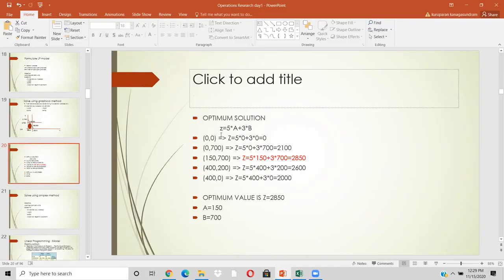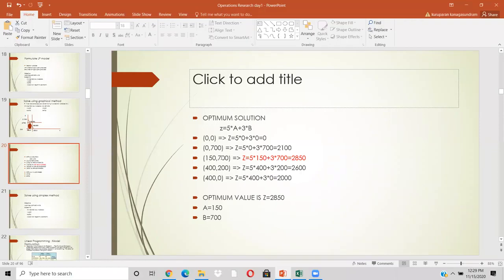For the first point, what is the value for A? A is equal to 0. What is the value for B? B is equal to 0. By substituting A 0 and B 0, we will get Z is equal to 0. Similarly, here A is equal to 0 and B is equal to 700. Substituting, we will get 2100 for this equation.